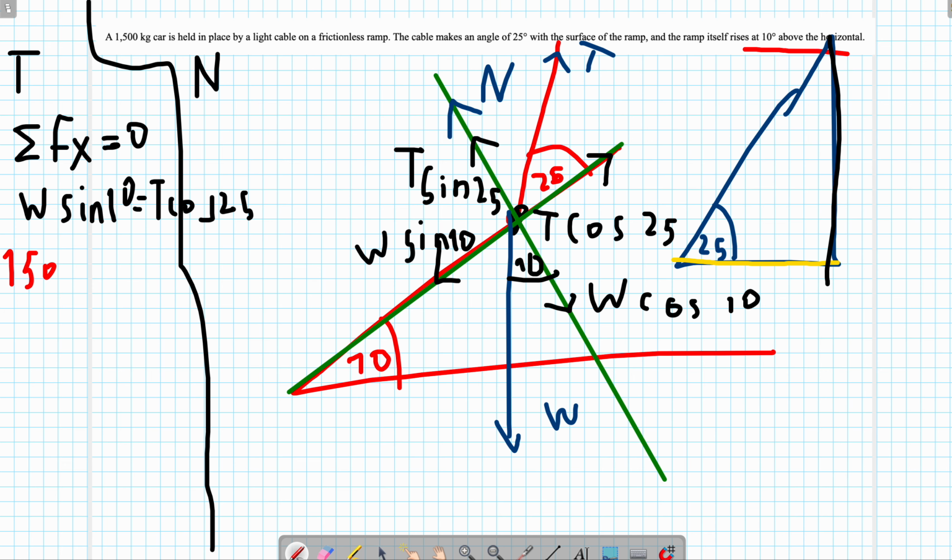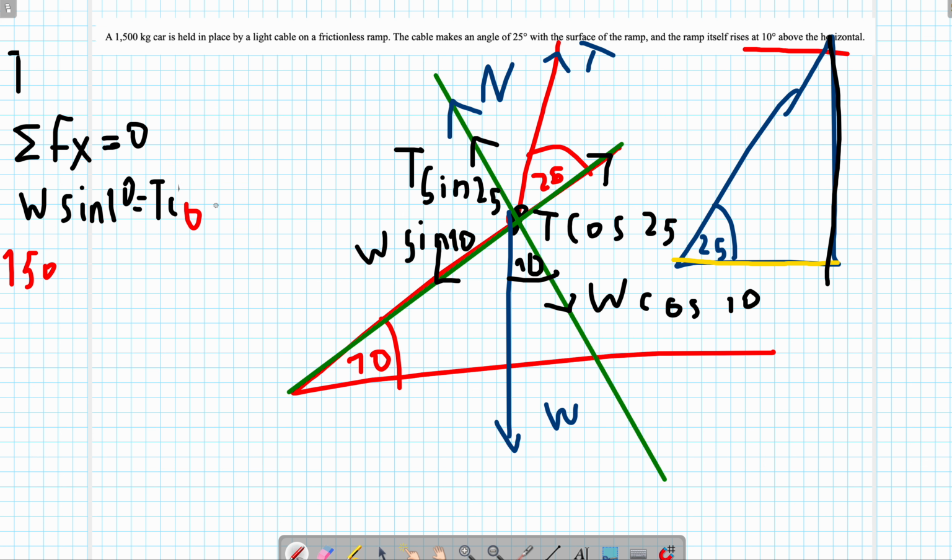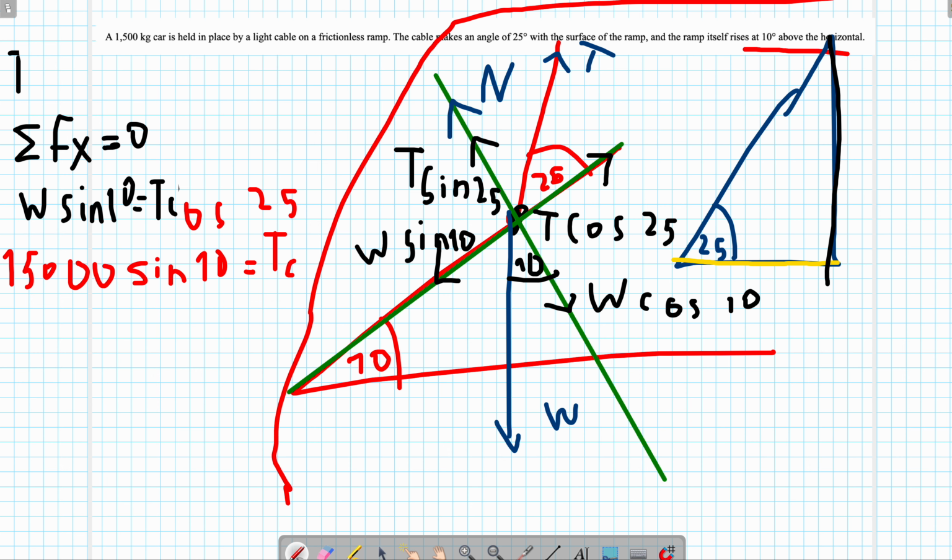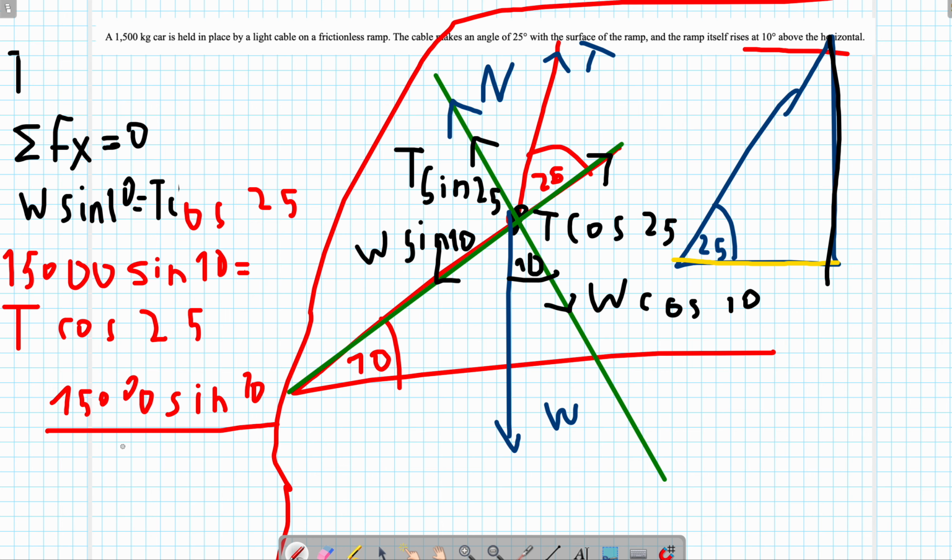T cosine 25 is equal to 15,000 sine 10. So what we're gonna do is T equals 15,000 sine 10 over cosine 25.